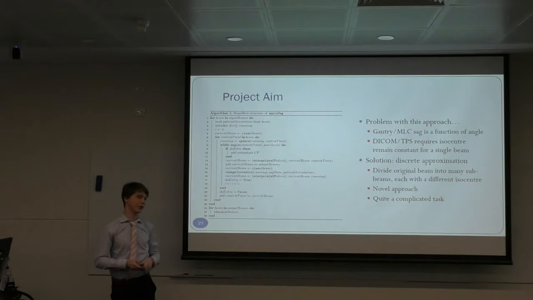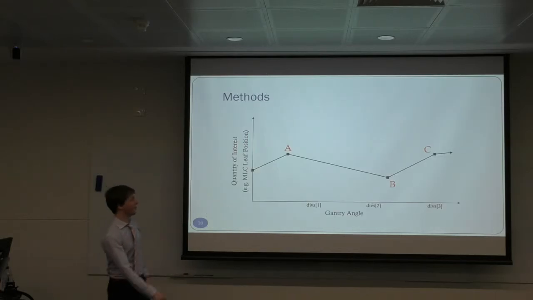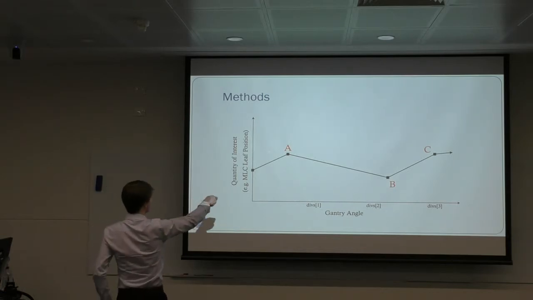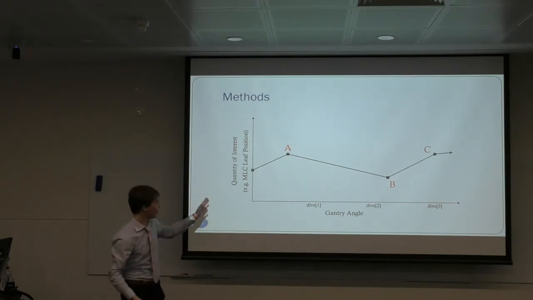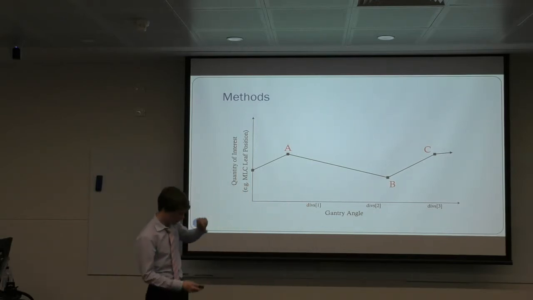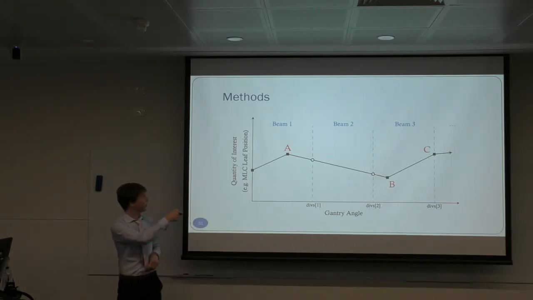But if I were to strip away all the other stuff, the basics of it is that I have some quantity of interest that changes over angle with each control point, and I want to split this one beam into lots of different beams because I want that approximation. I have to interpolate this data, because every beam needs control points essentially.